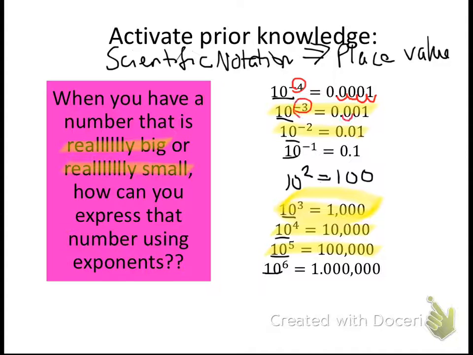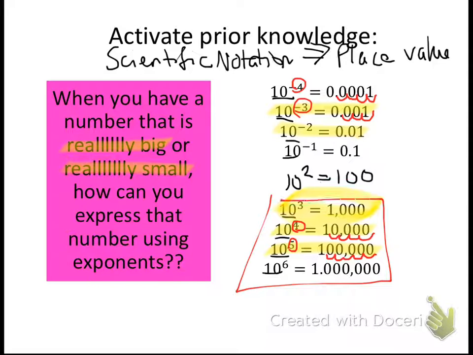Negative 3 is 1, 2, 3 places. Positive 4 is 4 places. Positive 5 is 5 places. Okay? Positive exponents make big numbers. Negative exponents make small numbers.